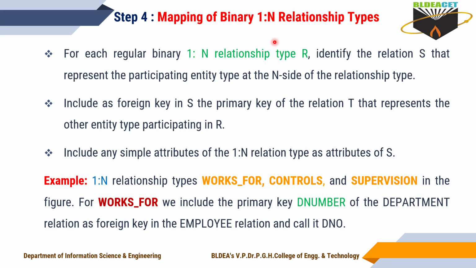You use the primary key and foreign key of the two entity types, and based on that you decide: n employees can work for one department.